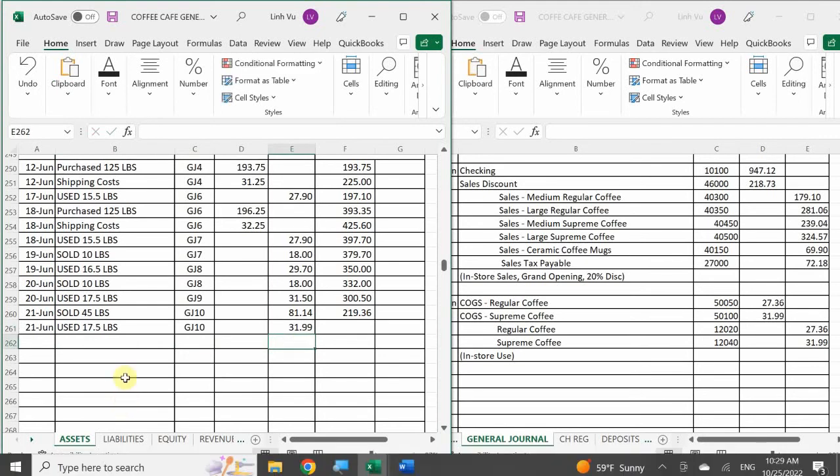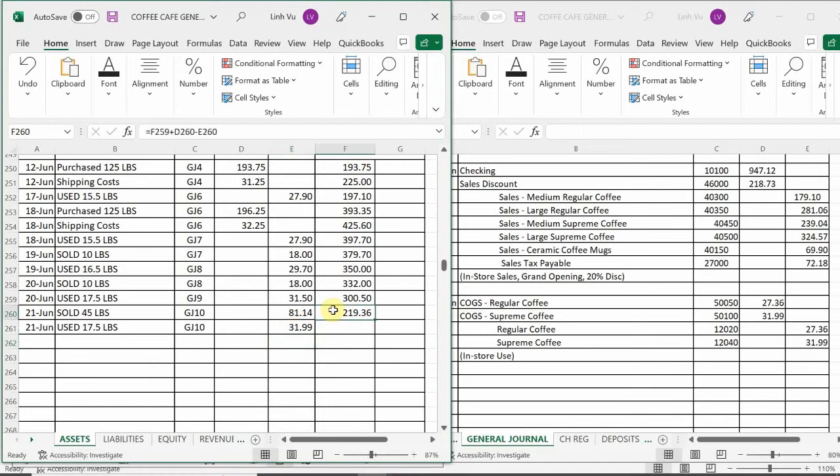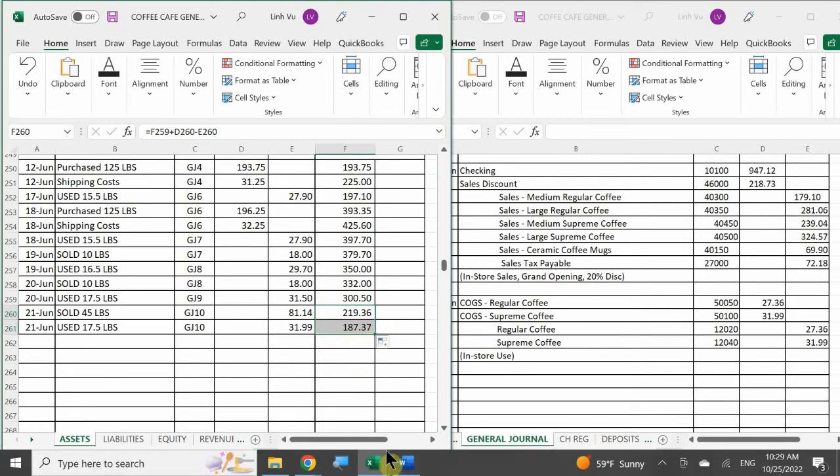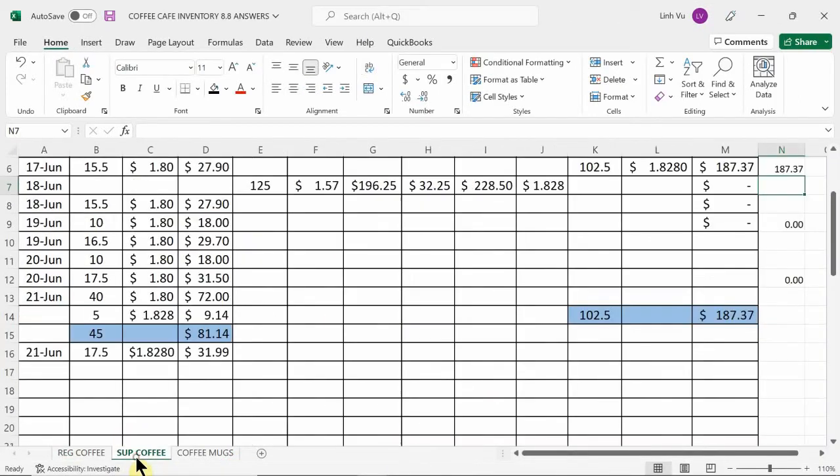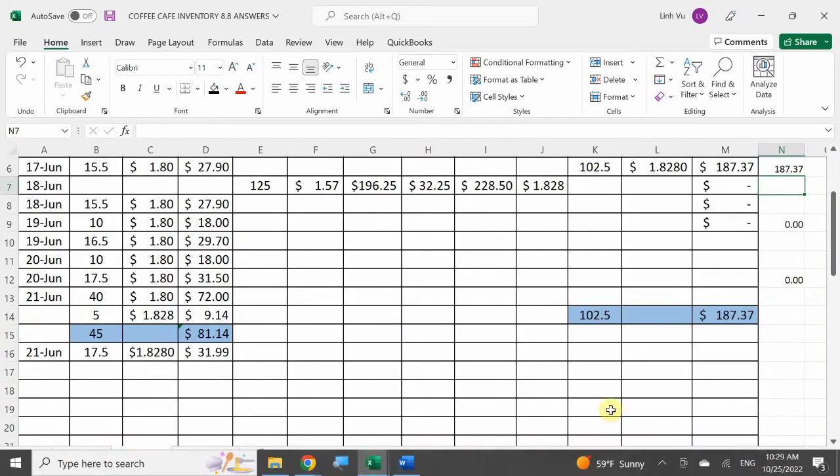So how much should I have left? 187.37. Yes. Which does match my inventory worksheet.